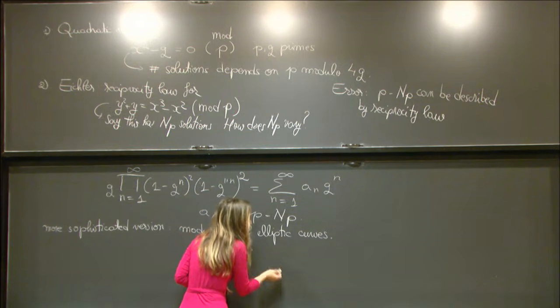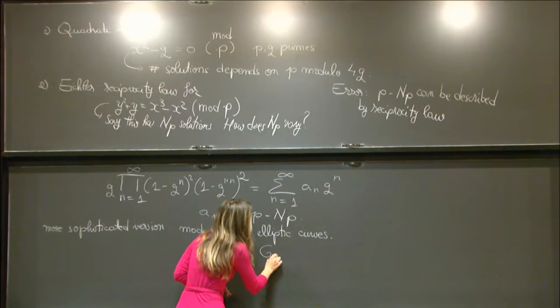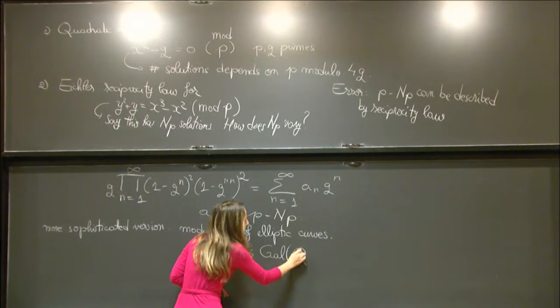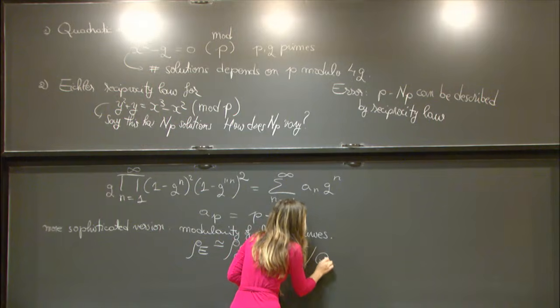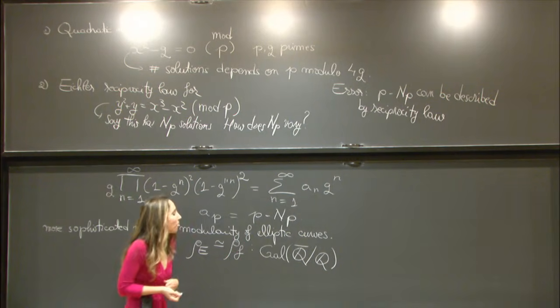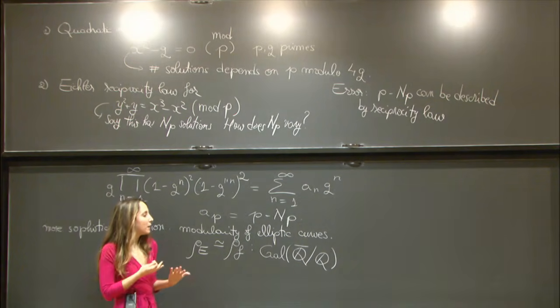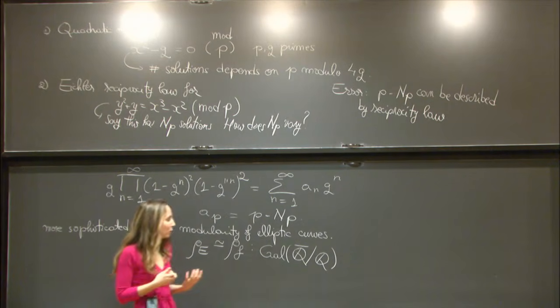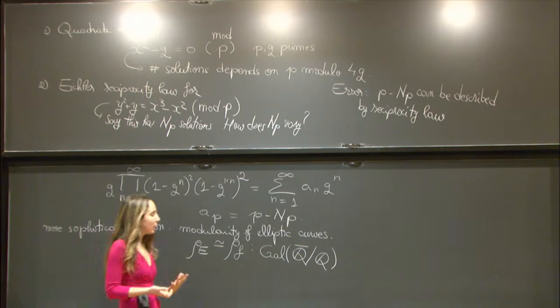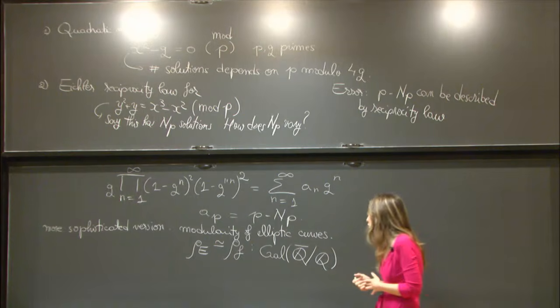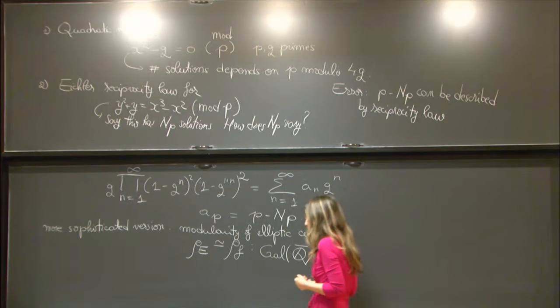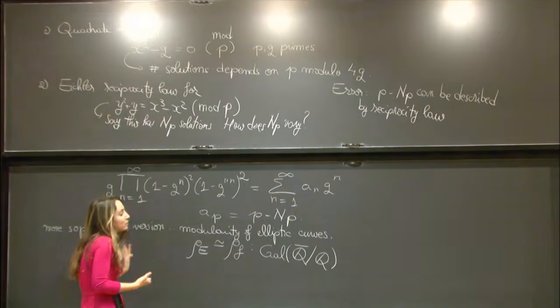So a Galois representation is, first of all, a representation of the absolute Galois group of Q. So what you want to look at is, OK, you have the rational numbers. If you adjoin to the rational numbers solutions to polynomial equations, then what you get are algebraic numbers. And algebraic numbers have lots of symmetries.